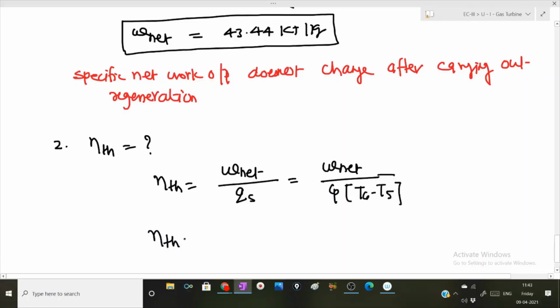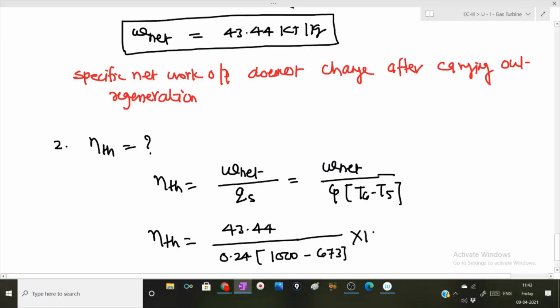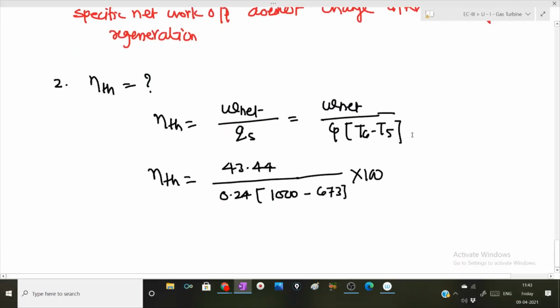So thermal efficiency will be 43.44 over Cp, which is 0.24, T6 is 1000, T5 is T7, that is 673, into 100. So this thermal efficiency will come out 55.2%.